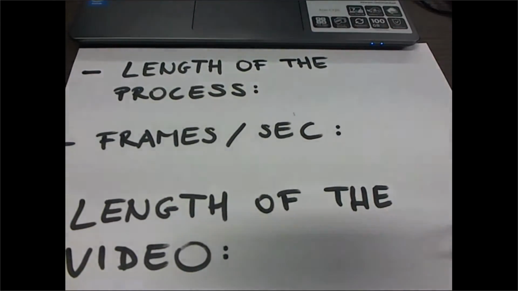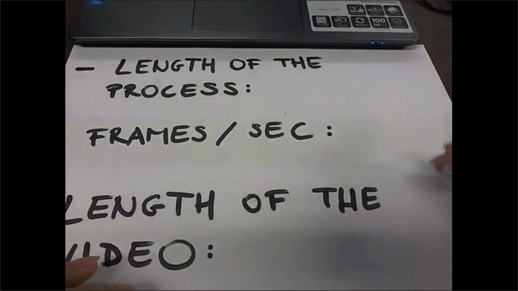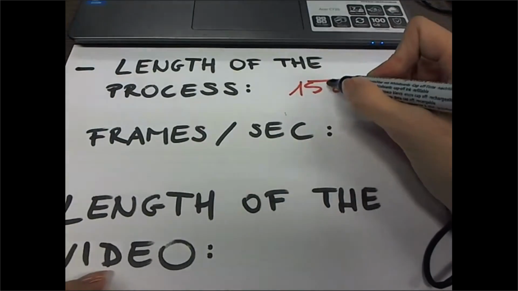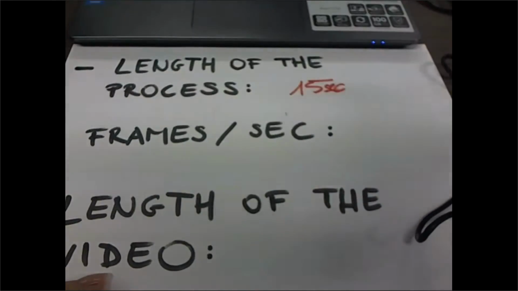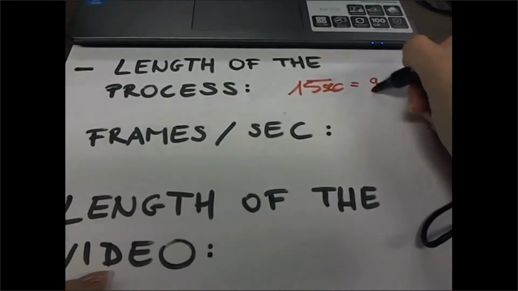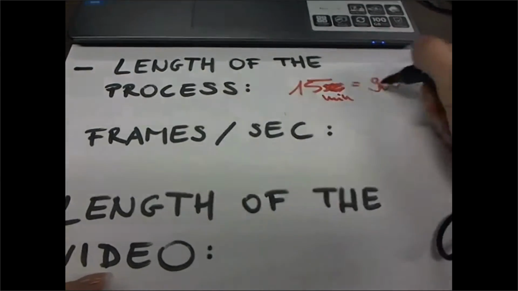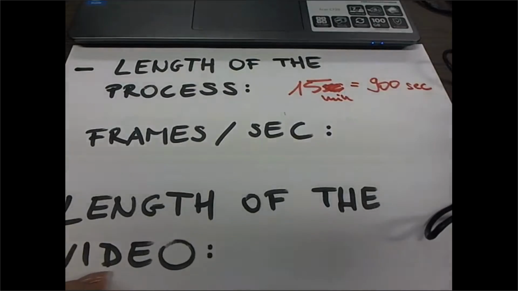So before I even tell you what the experiment will be, I would like to do this calculation quickly. So the length of the process that I will do will be 15 minutes, which is 900 seconds.